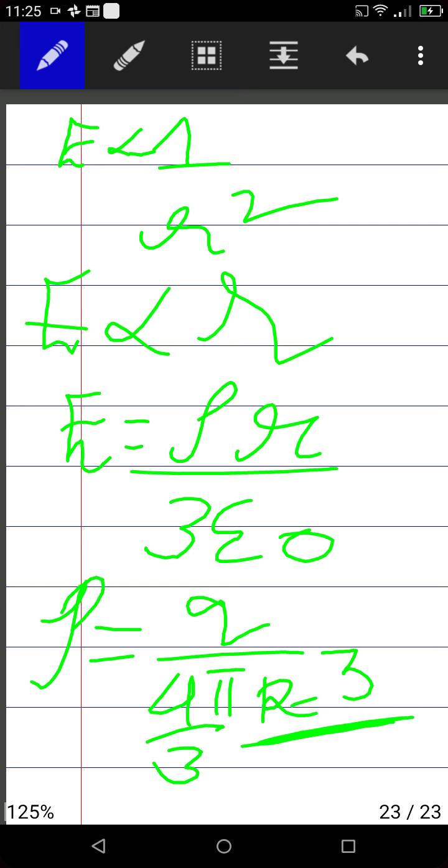Because this charge density always remains constant, even when we consider a small sphere inside the big sphere. So in this place we can write capital R.